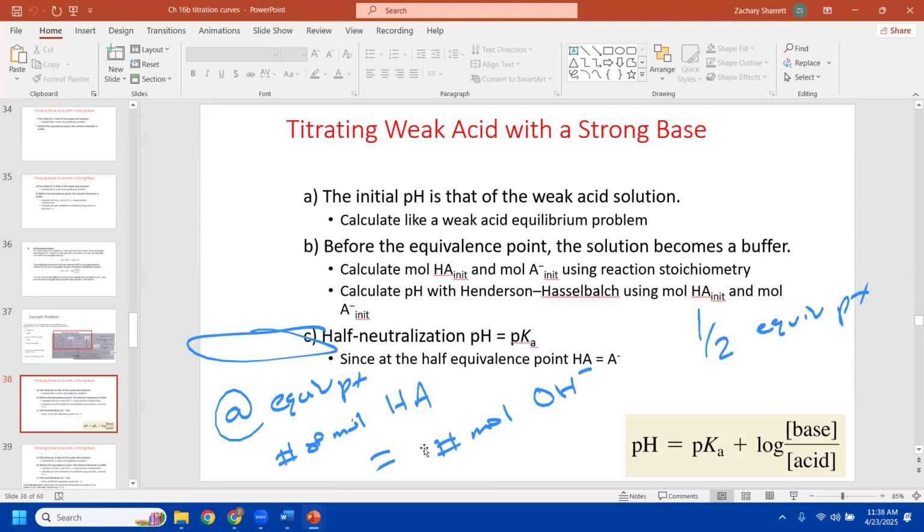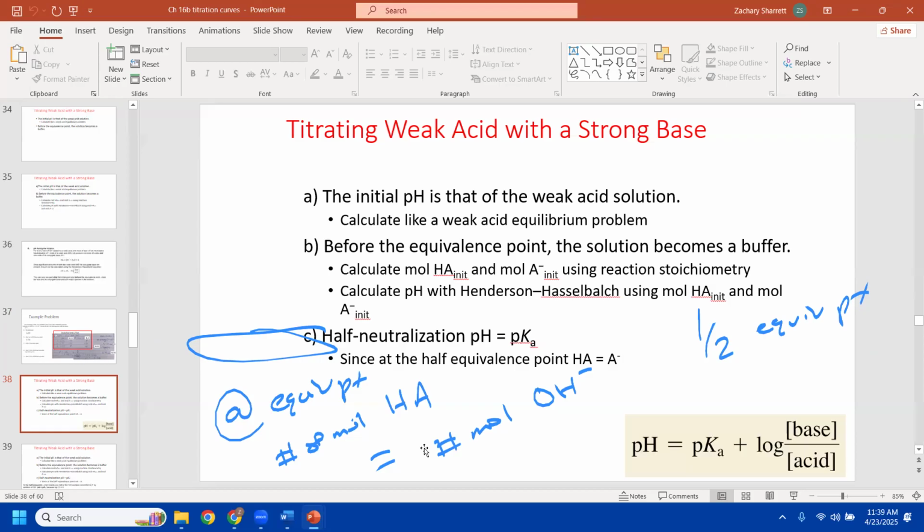If there are 100 people in here on this left side of the room, and they all have hats, and I bring in 100 people at the equivalence point to take away all those hats, what happens to those 100 people who had hats? They now no longer have hats, right? What happens if we have 100 people, and at the half equivalence point, how many people come in and take the hats, Robert?